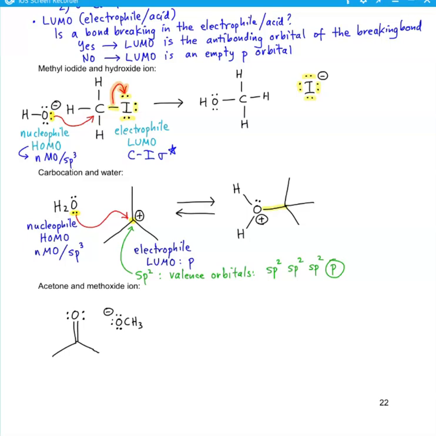Okay, so the thing on the left we've seen a few times. That's acetone. The thing on the right is something we haven't seen yet, but we're going to see a lot of, and a lot of things that look like this, and this is called a methoxide ion. So in this reaction, this is what happens.